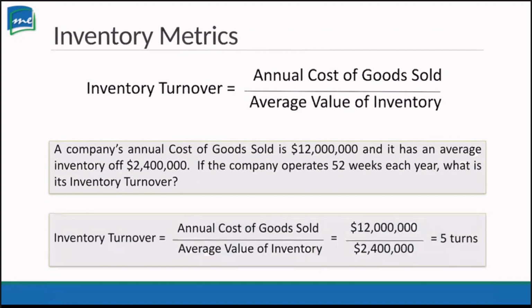According to the formula, we obtain an inventory turnover of 5 turns. What information can we obtain from the 5 turns? It means the company can use its inventory 5 times to generate profits.